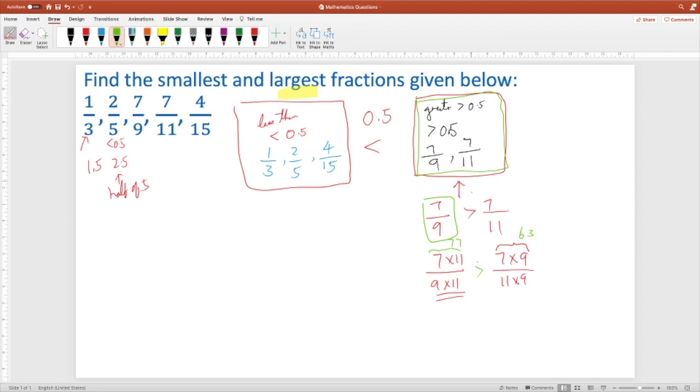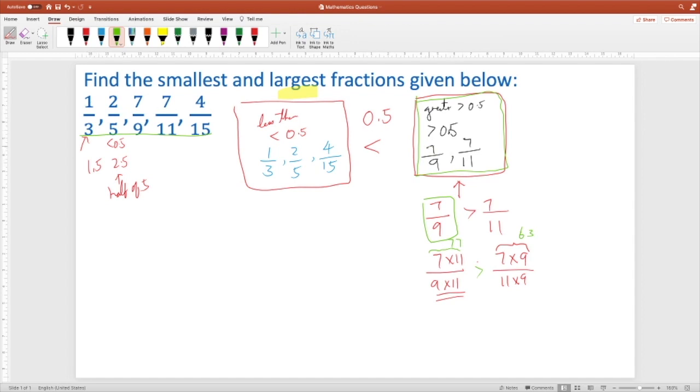Can I conclude that 7 over 9 is the largest fraction among these numbers? Yes. Why? I don't know. It's just logic.